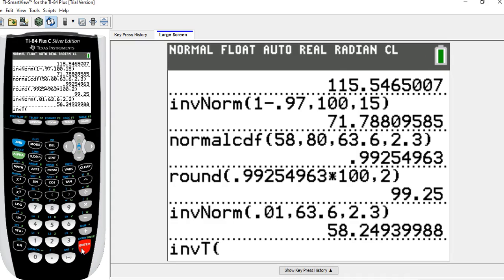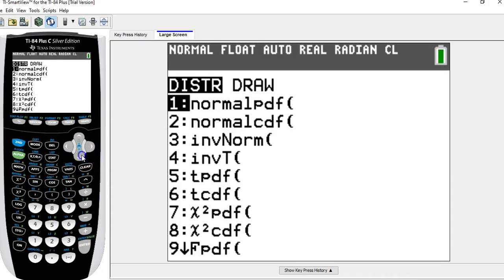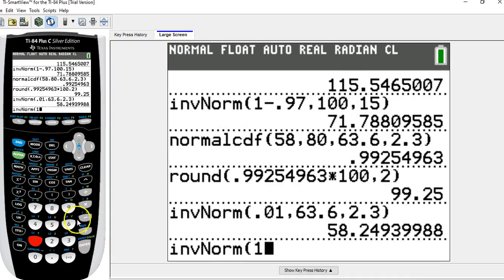Distributions, InvNorm: 1 minus 0.02, that's 98% of the area to the left and 2% to the right, comma, the mean 63.6, and the standard deviation 2.3.